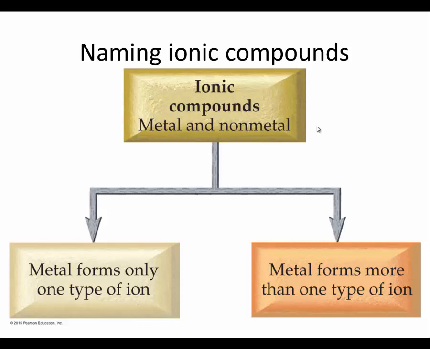We'll talk about the first type first: metals that form only one type of ion. When we looked at that periodic table earlier, these were the metals that showed what the charge was. That is the only type of ion those metals can form.